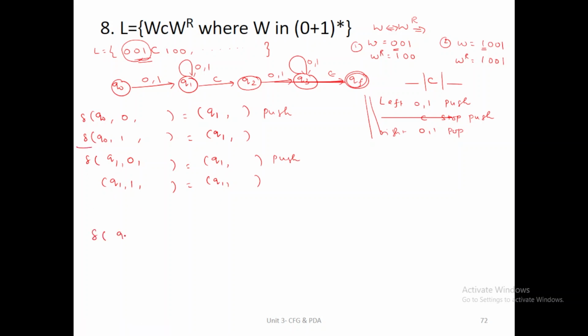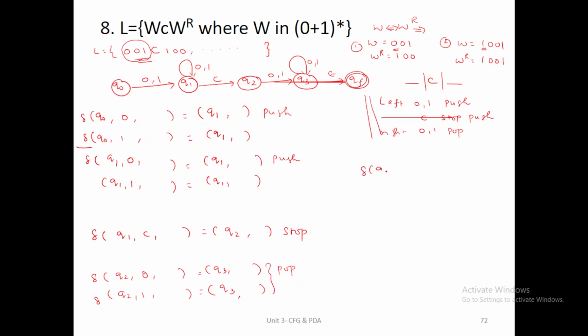After that, if Q1 reads C, then it will go to Q2 state. So it is a stop operation. Then after that, if Q2 reads 0 or 1, it will go to Q3 state. So this is the pop operation. For all of these, you should do the pop operation.